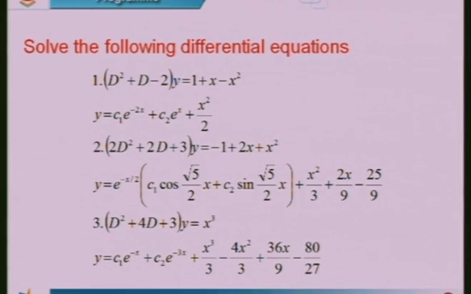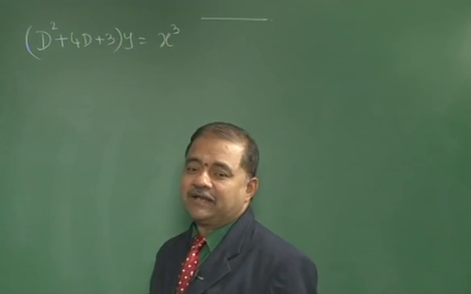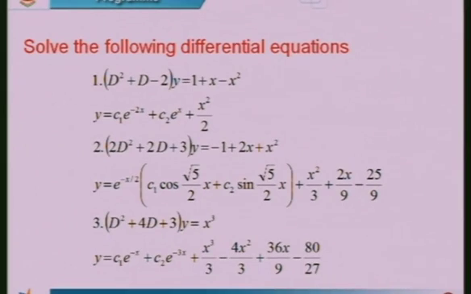You can find the roots already in the answer. You can find the complementary function: c1 e power minus x plus c2 e power minus 3x. So the roots are minus 1 and minus 3. There is no doubt in finding the complementary function.